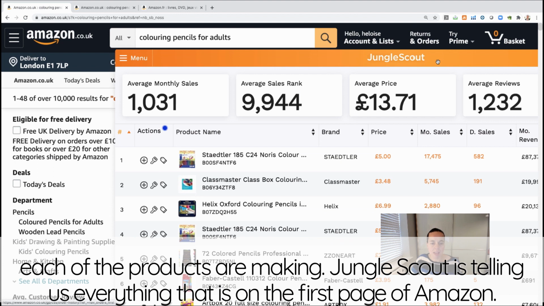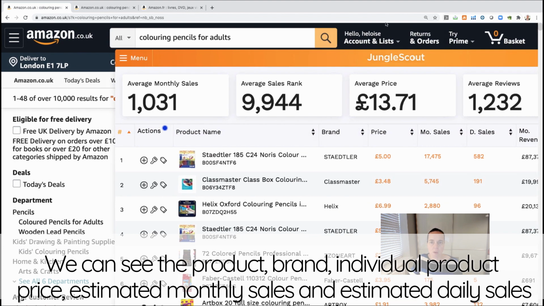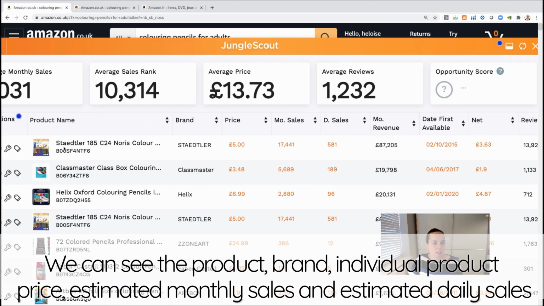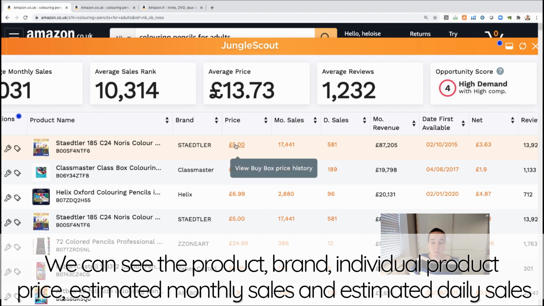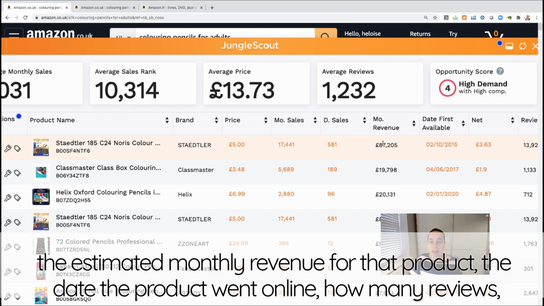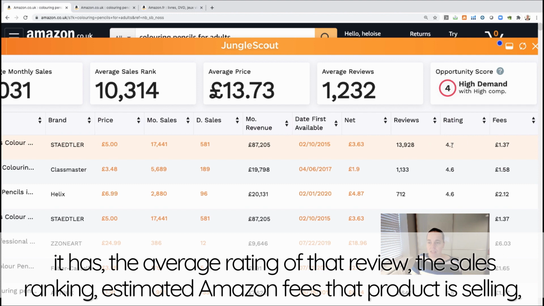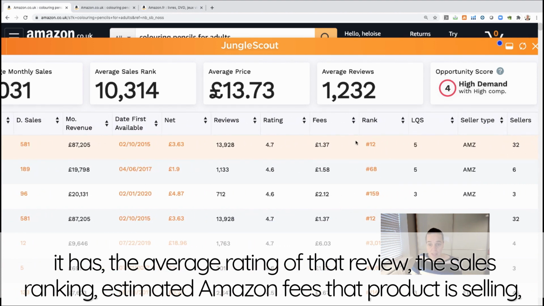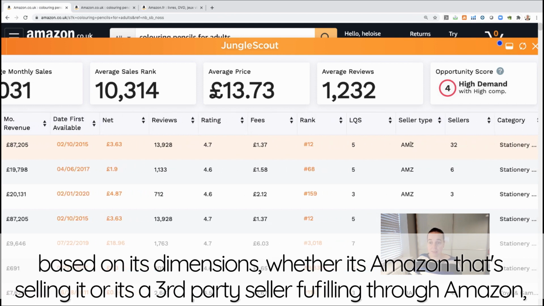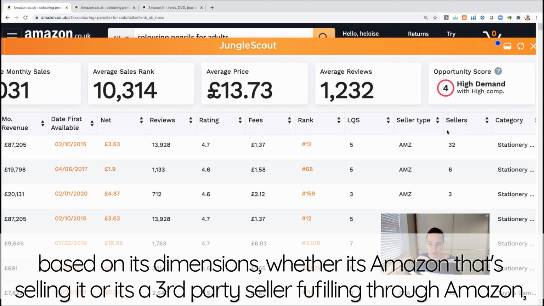Jungle Scout is telling us everything that's on the first page of Amazon. We can see the product, the brand, the individual product price, the estimated monthly sales and the estimated daily sales, the estimated monthly revenue for that product, the date the product went online, how many reviews it has, the average rating of those reviews, the sales ranking, the estimated Amazon fees based on its dimensions, whether it's Amazon that's selling it or it's a third-party seller fulfilling through Amazon, how many sellers are selling it.